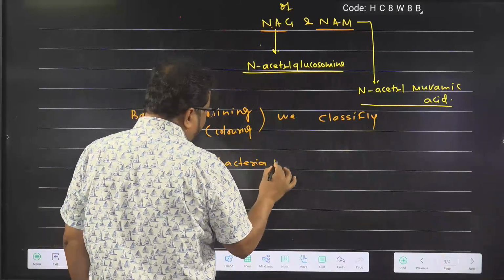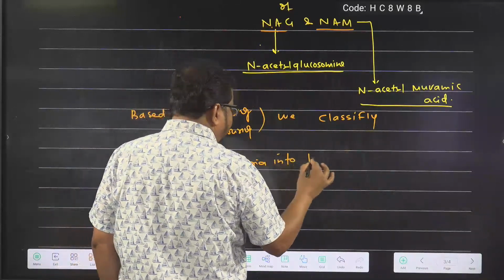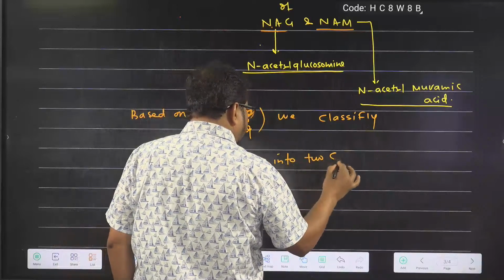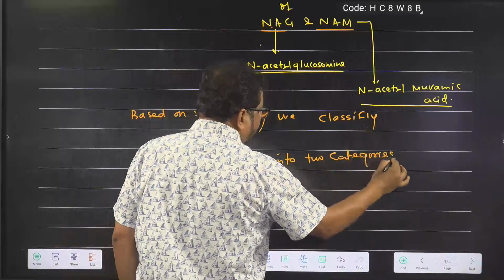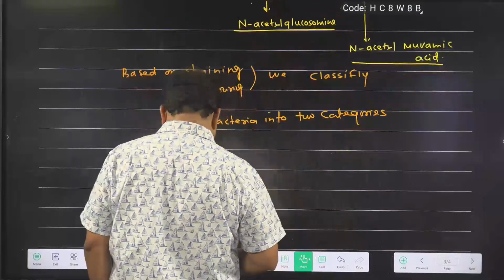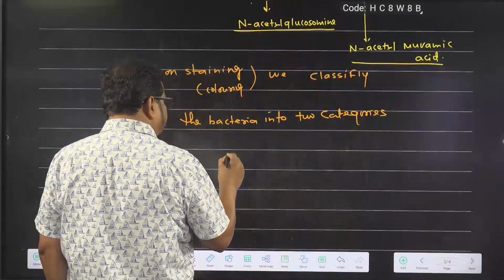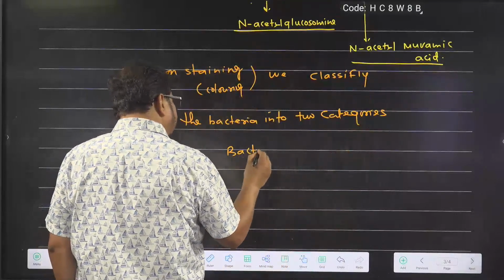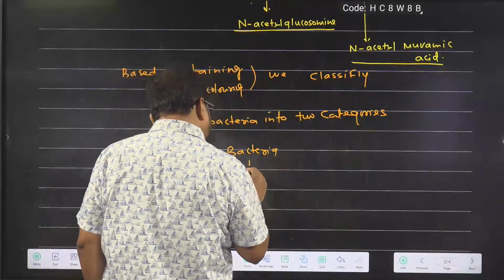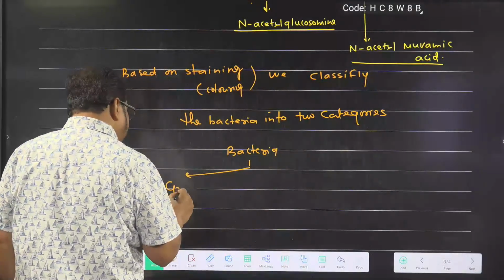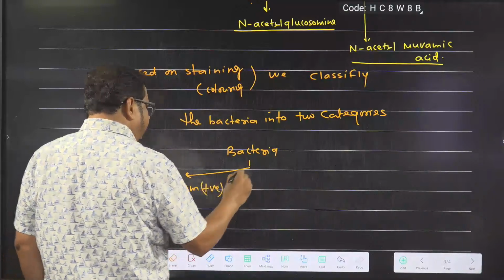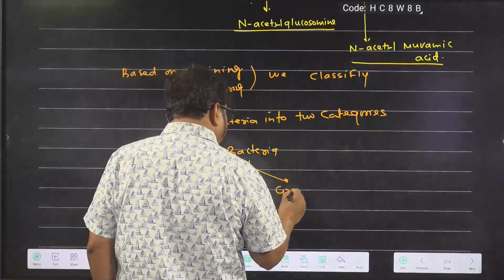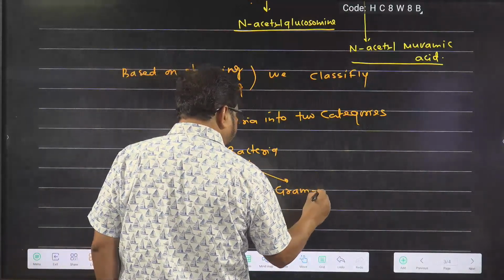I am writing bacteria and classifying into two categories. One is called gram-positive bacteria and another is called gram-negative bacteria.